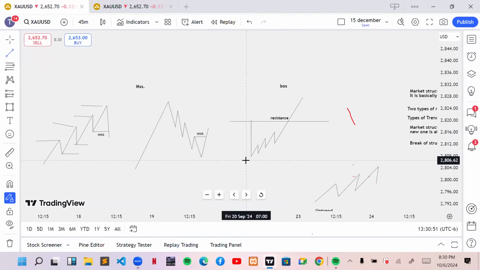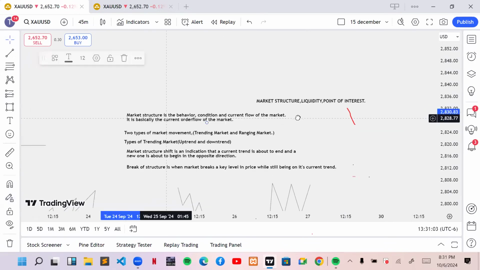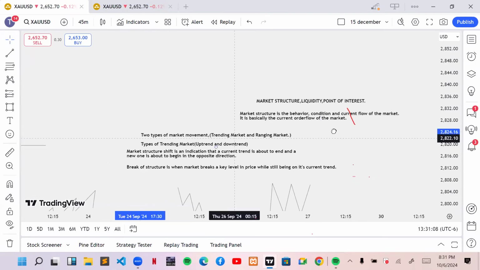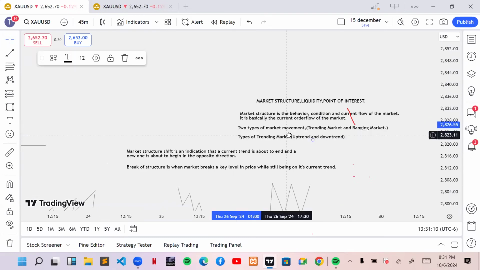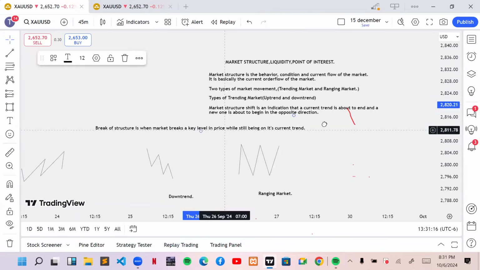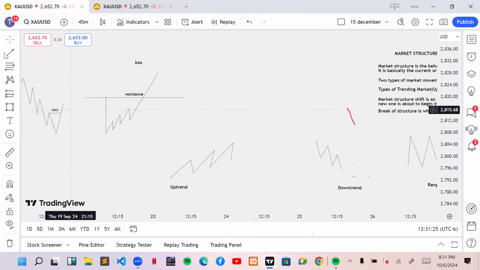So this is the break of structure for an upside, and this one should be a break of structure for the downside. So this is the break of structure for the market being on an uptrend. Then this should be the one for the market being on a downtrend.